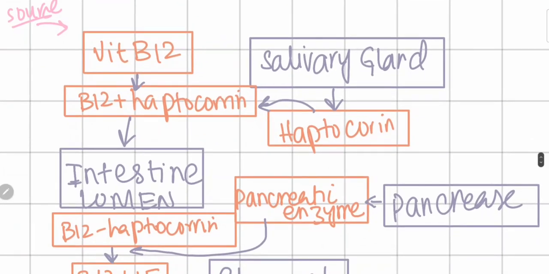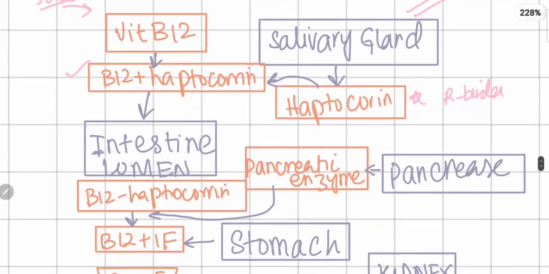And in the mouth, we have salivary glands. This salivary glands release haptocorin. This haptocorin is actually an R binder. It will bind with vitamin B12 and form a complex, right?